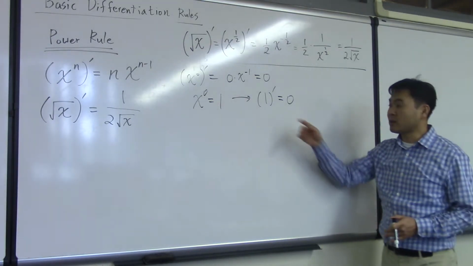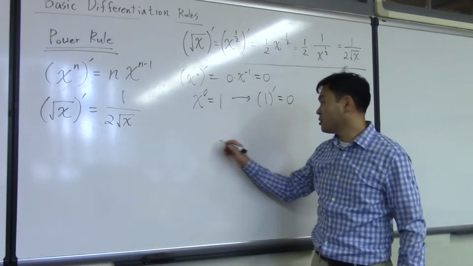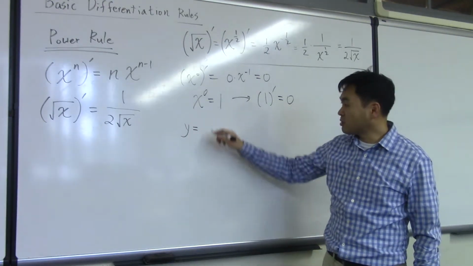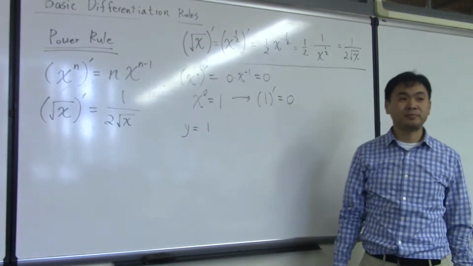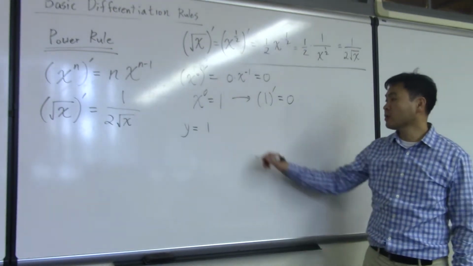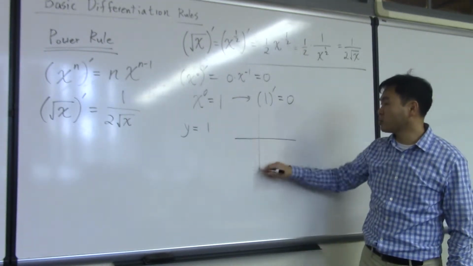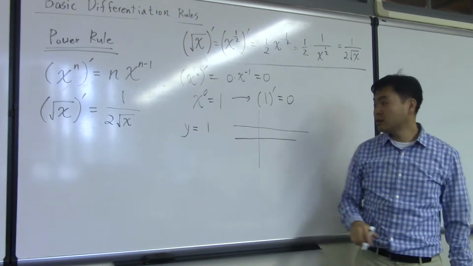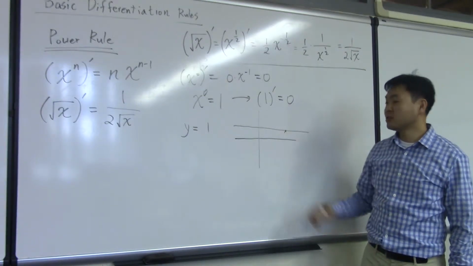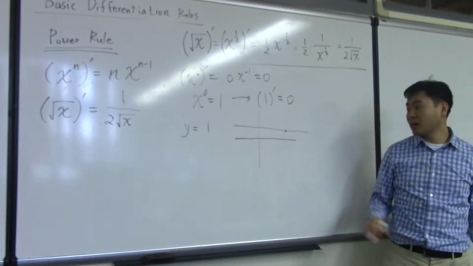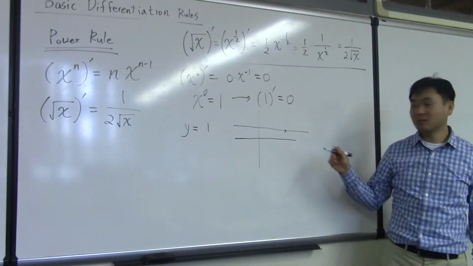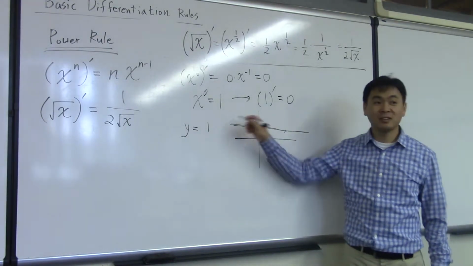If you use that slope of the tangent line analogy, let's think about the slope of the tangent line of this function y equals 1. What is the graph of y equals 1? It's a flat horizontal line, right? Pick any point. What's the tangent line to this graph at this point? It's the line itself, isn't it?